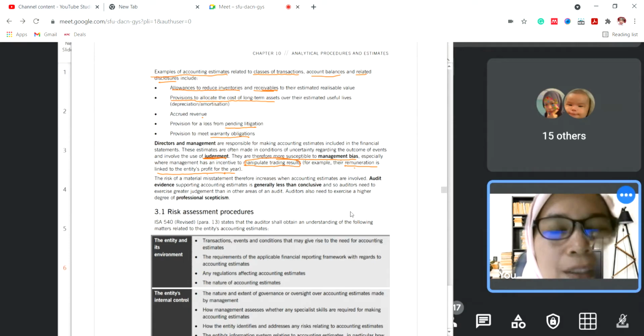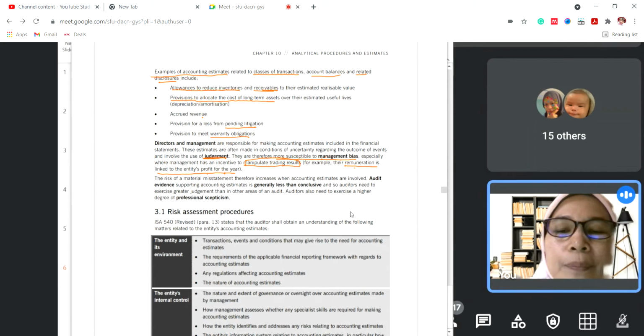Or, yes, to pay the dividend, because a dividend can only be paid if the company has positive income. So in order to show the shareholders that they are good in their operation, they manipulate the trading result. So you have to look at it in terms of susceptibility to management bias.